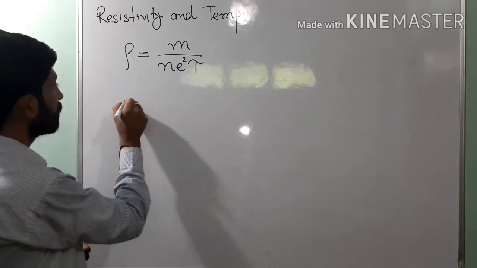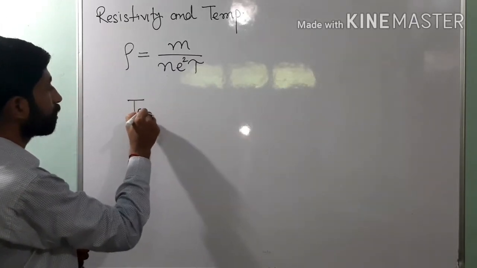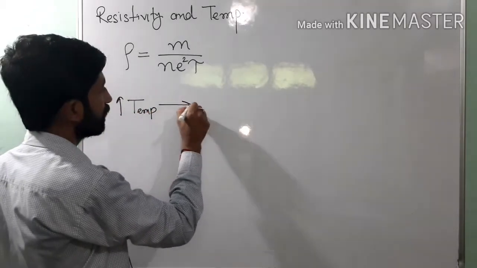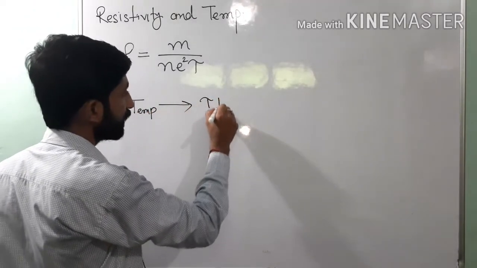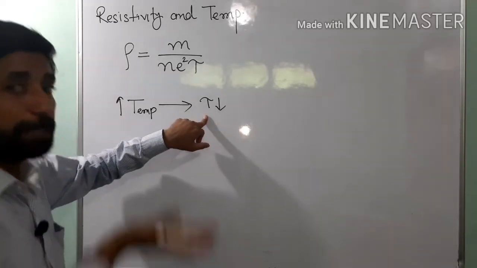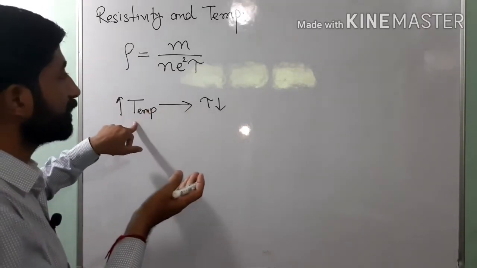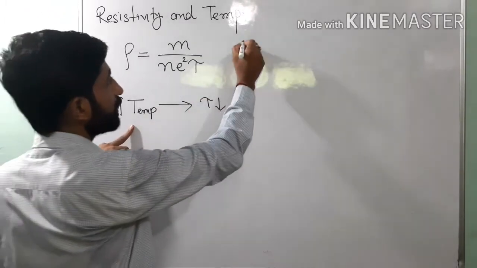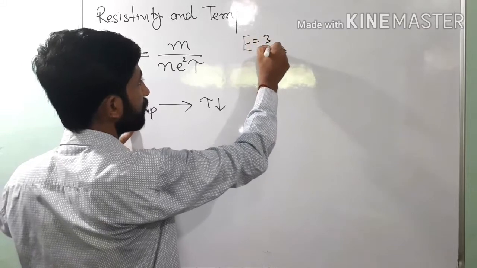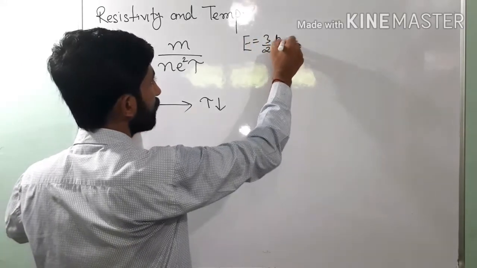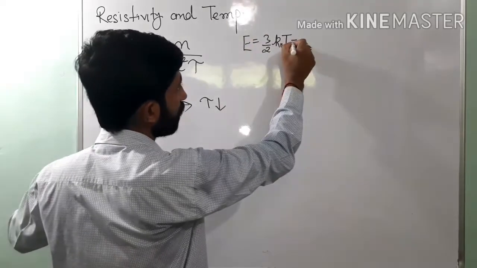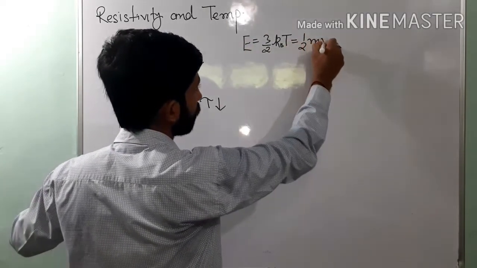So when temperature increases, this results in a decrease in relaxation time because electrons speed up due to thermal energy. And what is the value of thermal energy? Thermal energy is given by 3/2 kB T, and this thermal energy for an electron is completely kinetic.